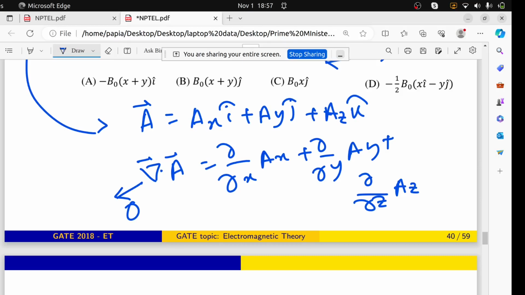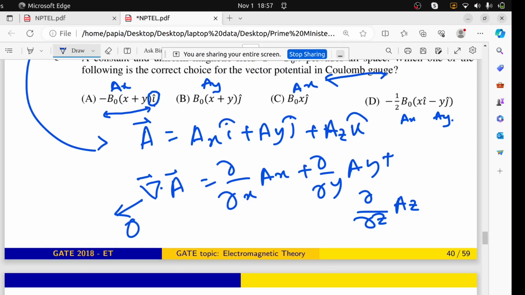Right? So now you can see here, divergence of A is 0. This is I cap, which means whatever is given here is nothing but our Ax. This is Ay, this is again Ax, this is Ax and Ay. Do you understand the point? Because here there is I cap, j cap, j cap, I cap, j cap, right?